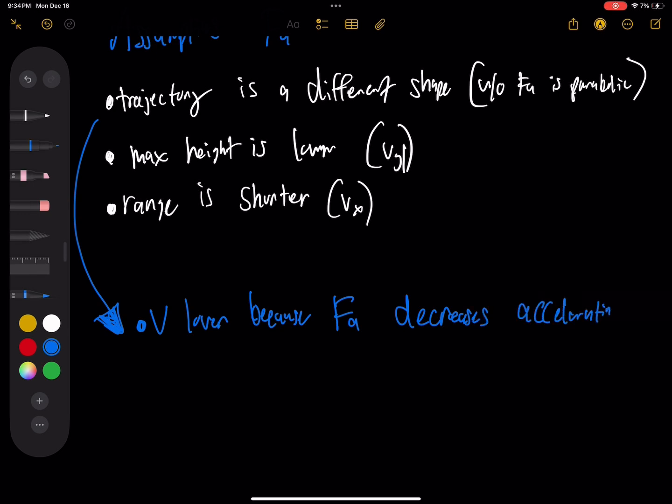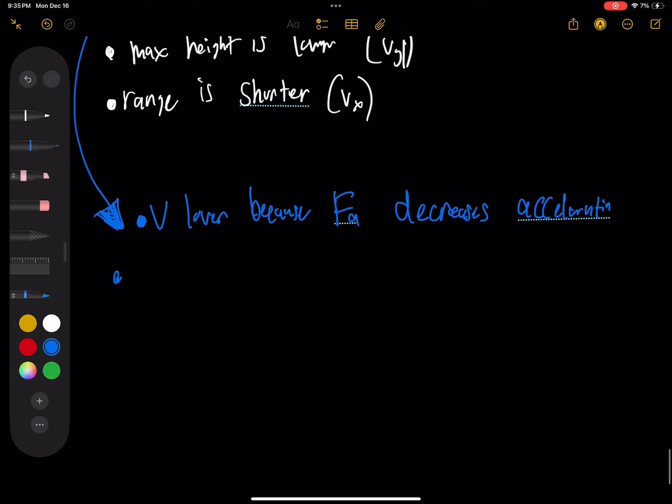This ties back into the acceleration I was talking about earlier, where you can still have an object moving even if there's no acceleration on it. It's going to continue moving until something stops it. Typically, when you have projectile motion, air resistance is going to be what's stopping it. So if it's not accelerating faster than the air resistance can stop it, then the object is going to stop moving. That'd be really scary. Imagine you're skydiving, you just sit there in the air, floating. Maybe that would be fun.